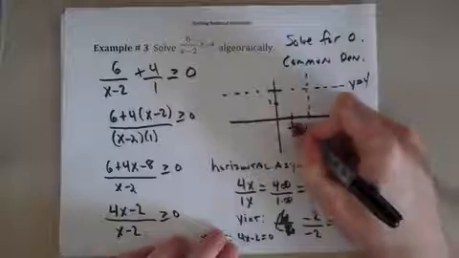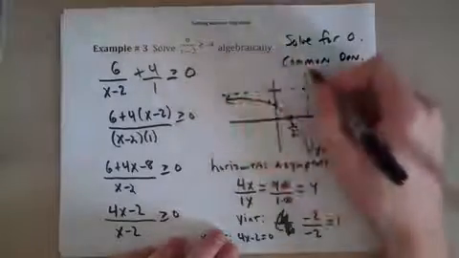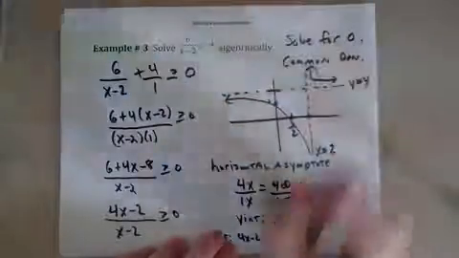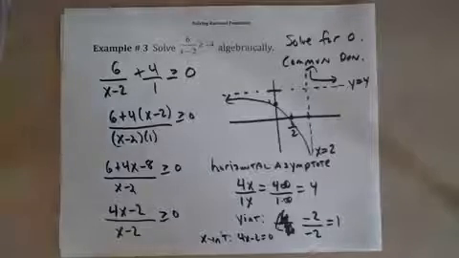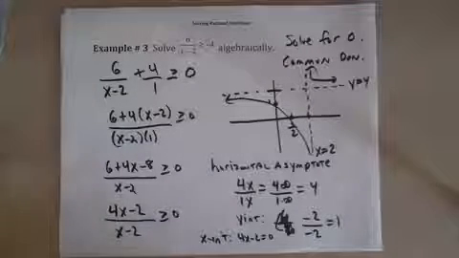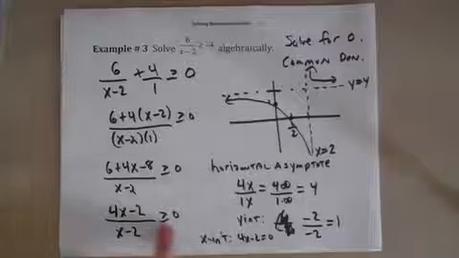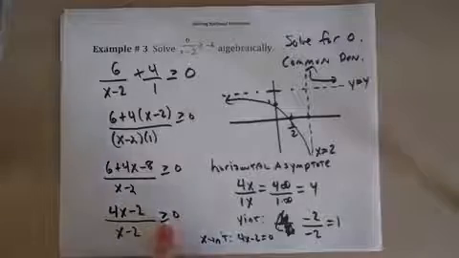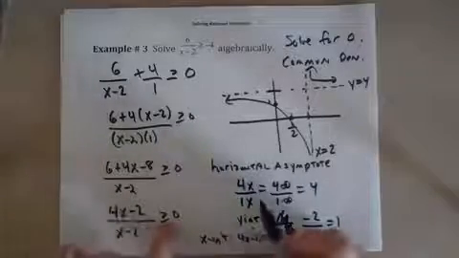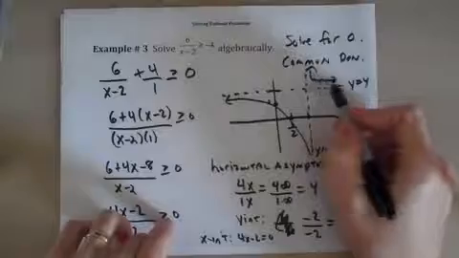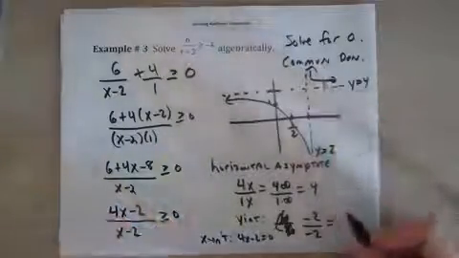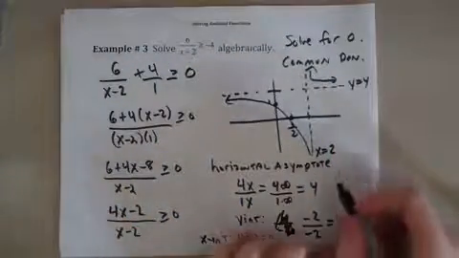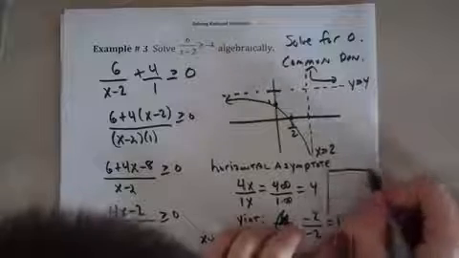So, we could test some points, but I'm quite confident the graph looks something like that. So we look at this and we're like, okay, real quick, where is this graph greater than or equal to 0? Well, all points over here greater than 2. So, let's put a box.